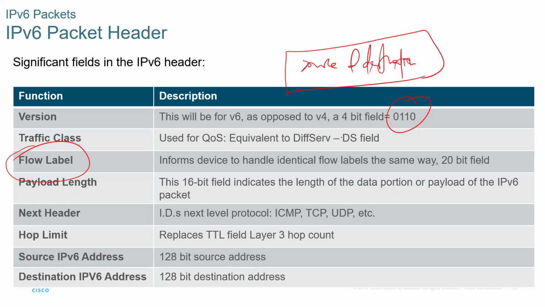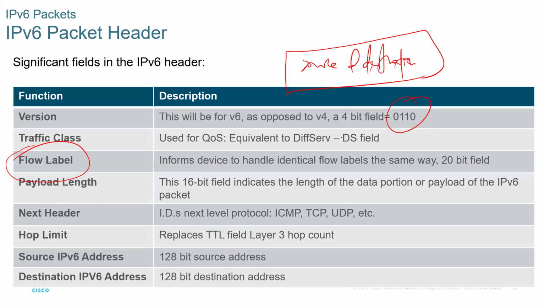It is given a label so that we can easily process that information. It results in easier handling of identical flows. Different flows have different characteristics of traffic, and different ways of being handled.